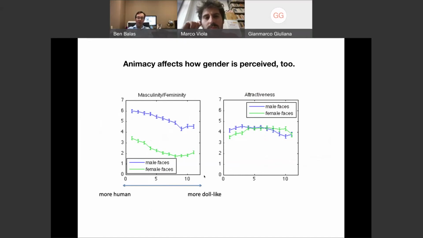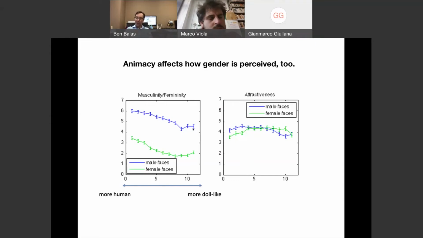On the left, I'm showing you how judgments of masculinity and femininity change to male and female faces in the blue and green lines respectively as we move left to right. The thing to notice here is that for both faces, as we become more doll-like, we also start to look less masculine, which shows you there's some kind of confounding between the sex categories and artificiality.